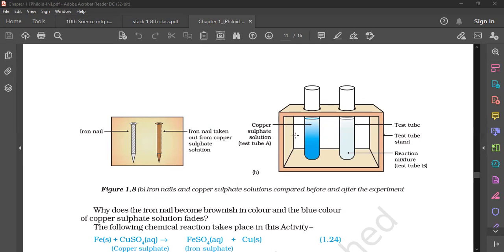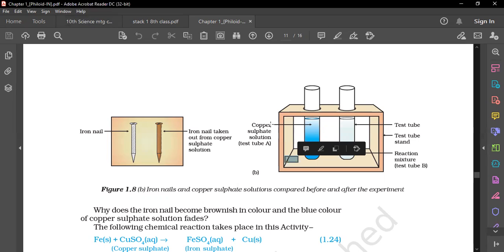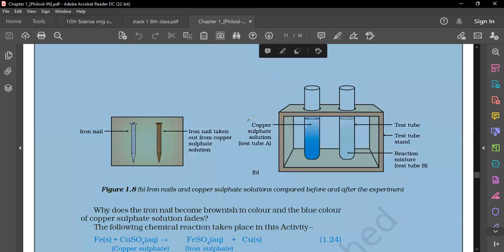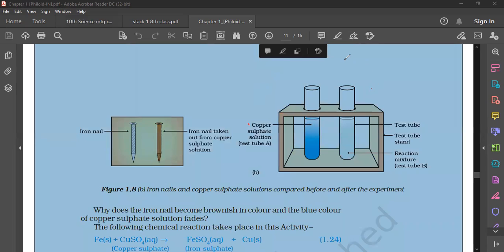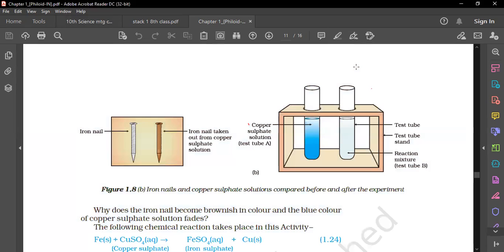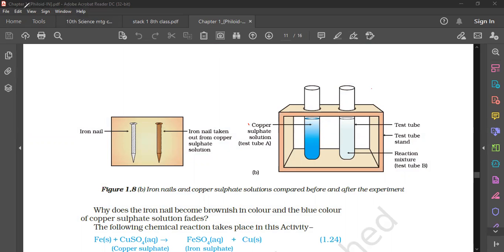Suppose you have taken the copper sulfate solution in the first test tube.